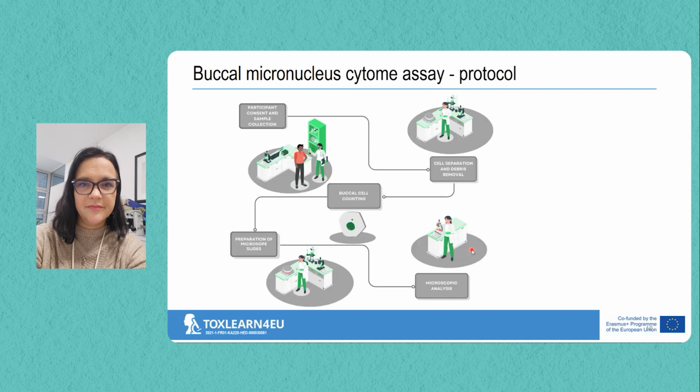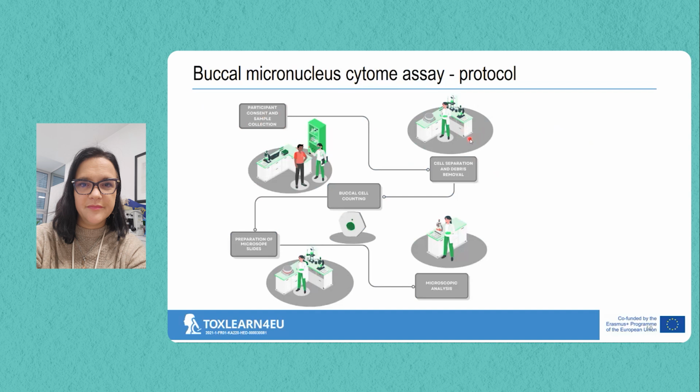So this is a scheme of the buccal micronucleus cytome assay protocol. It is really simple. The participant needs to consent to give their sample, and then you need to collect their sample. Before the sampling, the individuals need to wash their mouth.